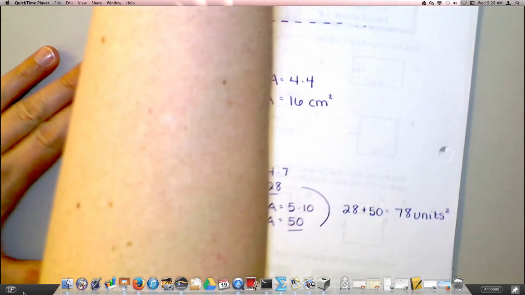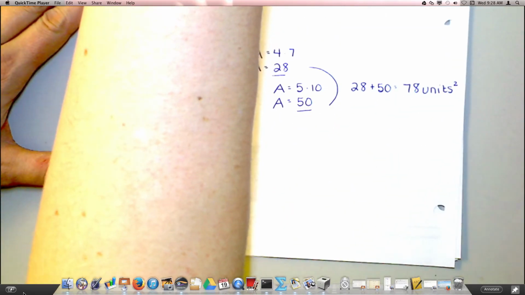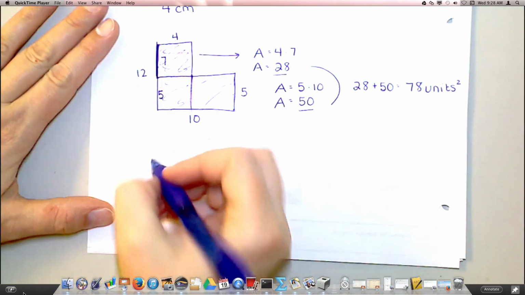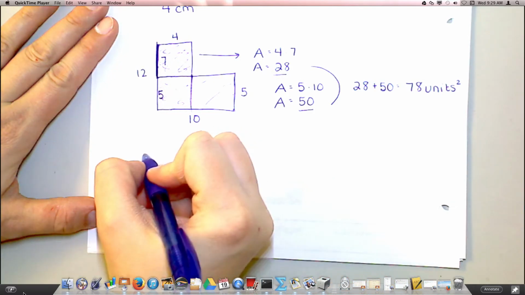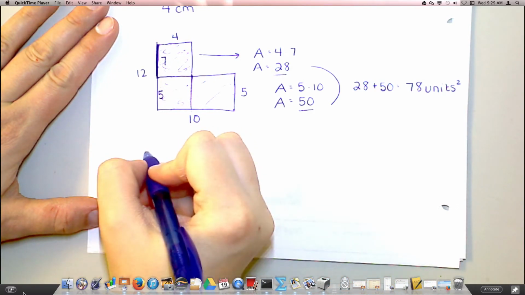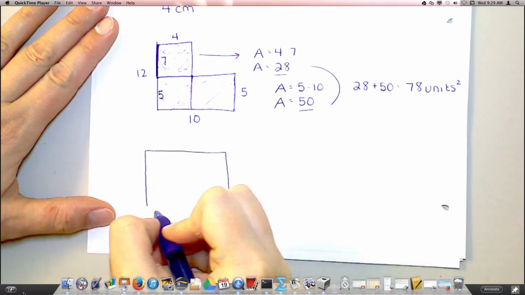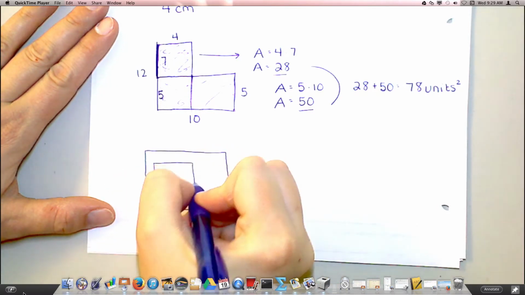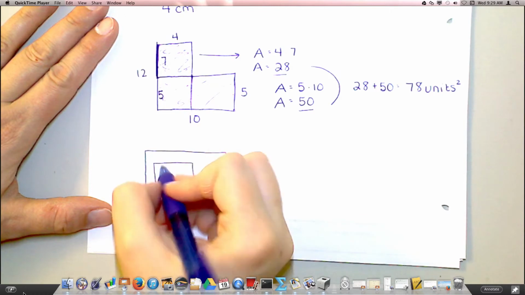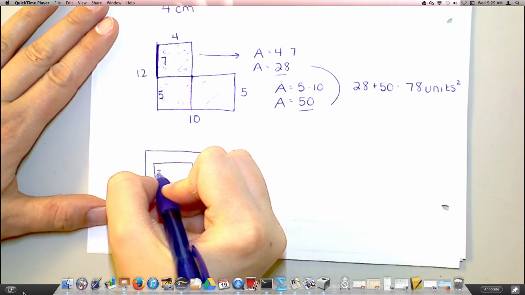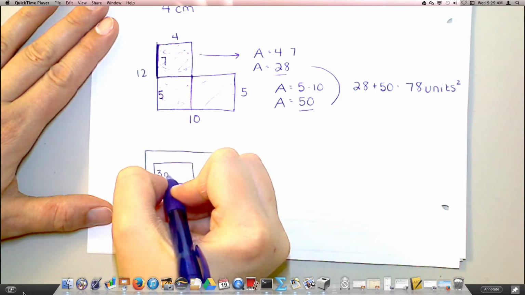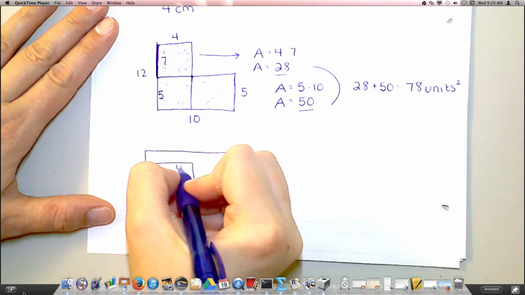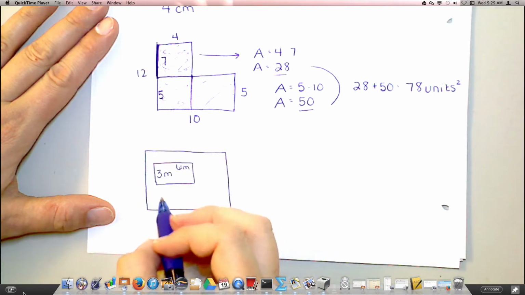Let's do one more. It's kind of weird. Let's do a picture frame problem. I've got a rectangle on the outside and a rectangle on the inside. I'm going to say this is 3 meters. This up on top is 6 meters.